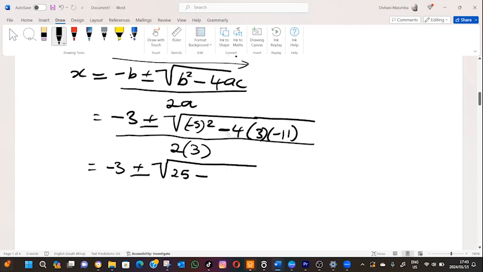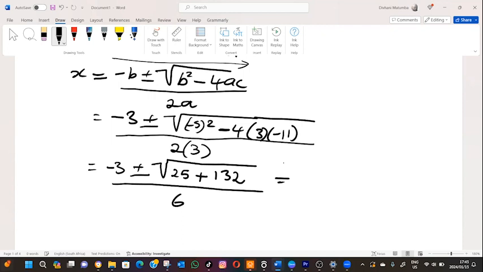So negative times negative will give us a plus 132, divided by 2 times 3, which is 6.